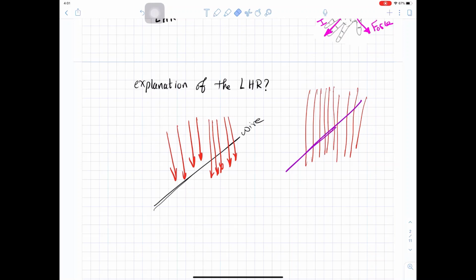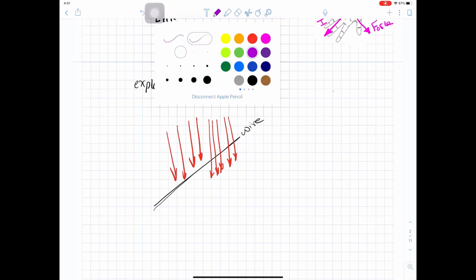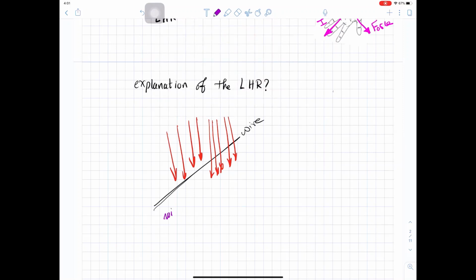Now this is the case without current. As you can see, the flux will be uniformly distributed, and the flux lines will be vertical lines.